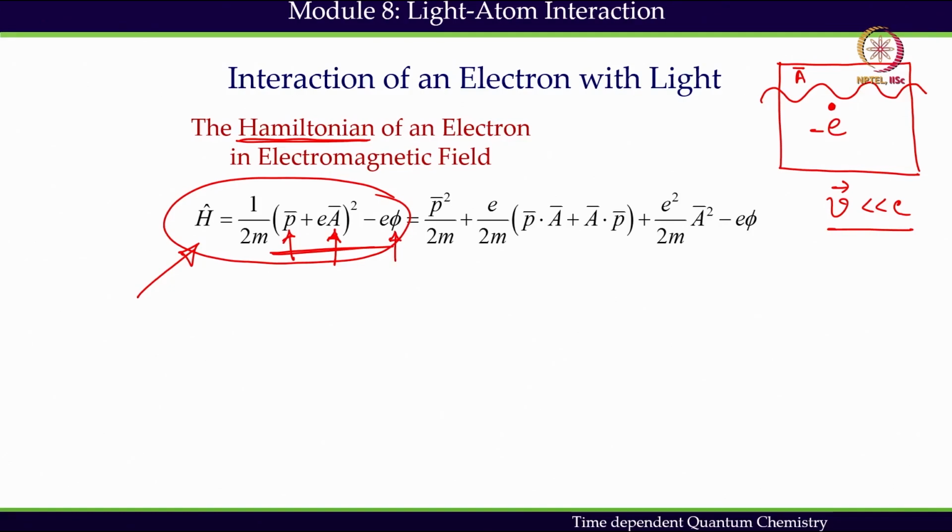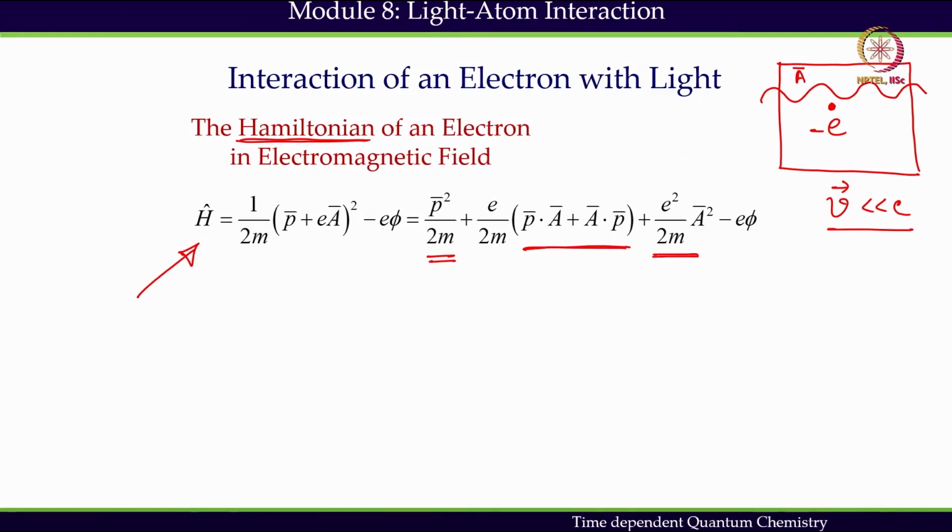So one can simplify this equation by writing it as a square. First we take this p square, then this term, and then this term. This is just simplifying it.